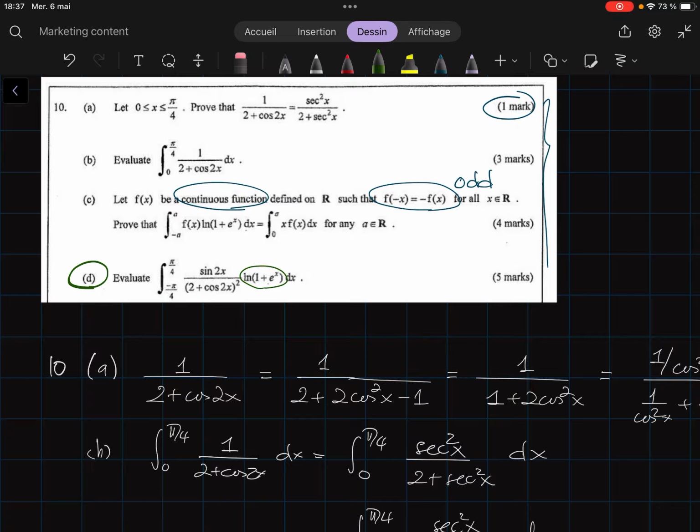This part will become x if we use the result from part C. Notably, this integral, if we can use the result from part C, is equal to this integral here. Correct?